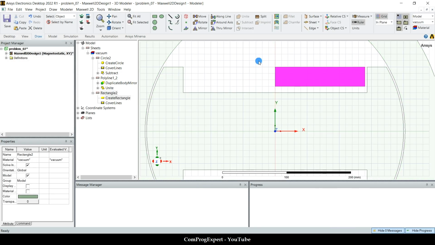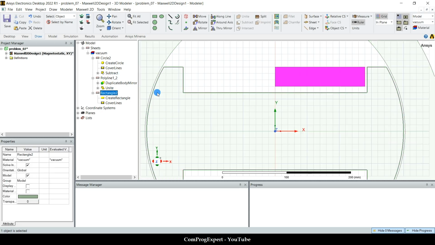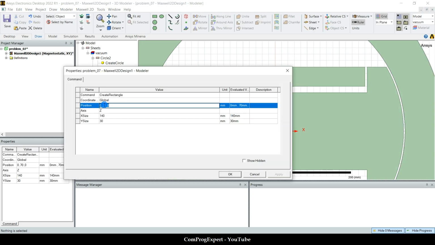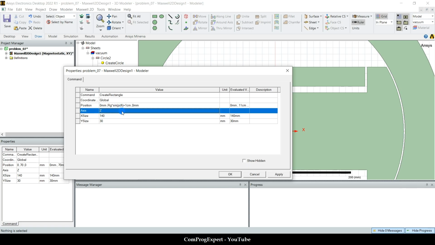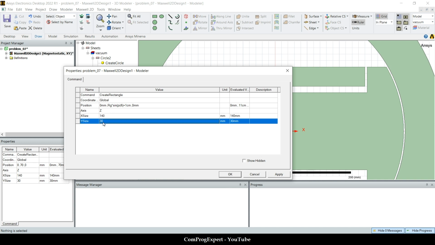So let's draw this. What is the x and y coordinates of the corner point? You know, this is this one plus 1 centimeter. The x size is important and the y size. Y size is the width of the coil.